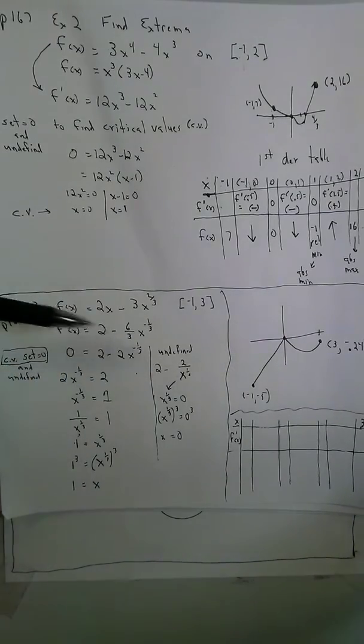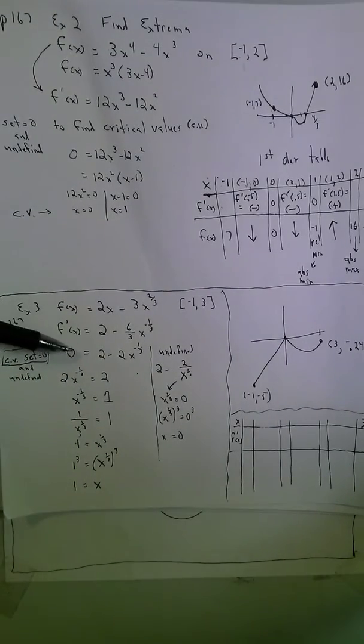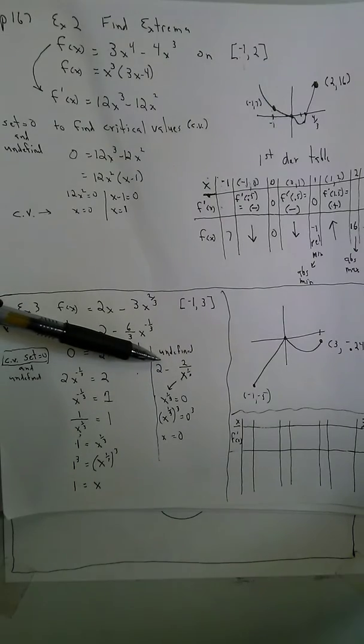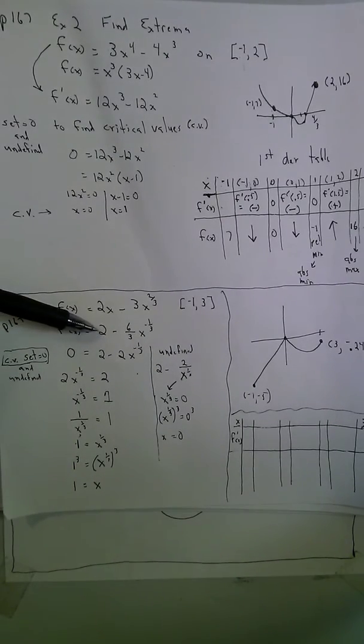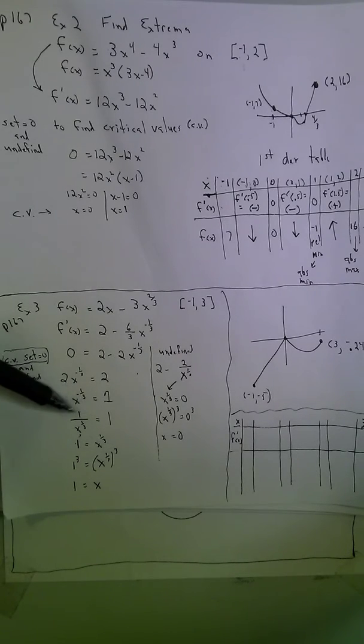After you take the derivative, you have to set it equal to 0 and find where it's undefined. Okay, so take the derivative, set it equal to 0. So let's see, I added this to both sides, divided by 2, and now I have x to the negative 1/3.